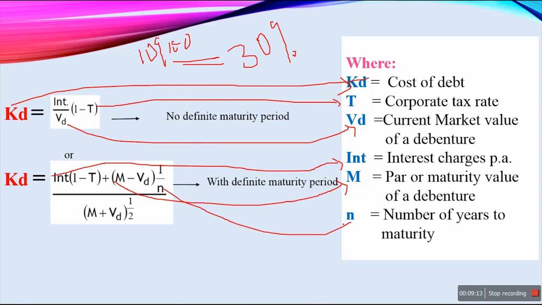N represents the number of years to maturity. So if, for example, here it is a 10%, 100,000, 3 years debenture, then the 3 years represents the number of years to maturity, and that is what is bringing up the difference in the formulas.